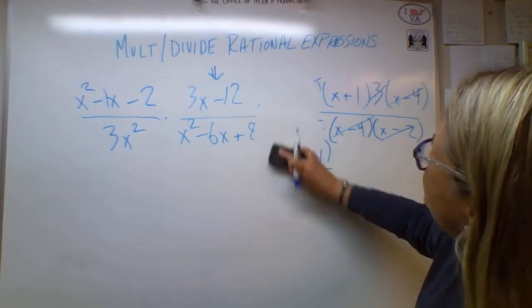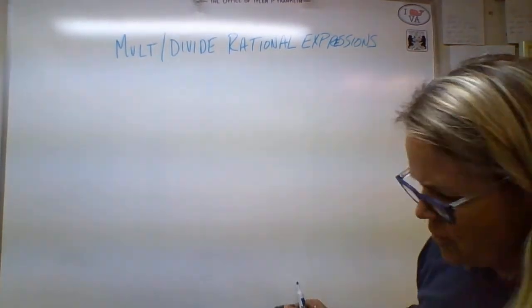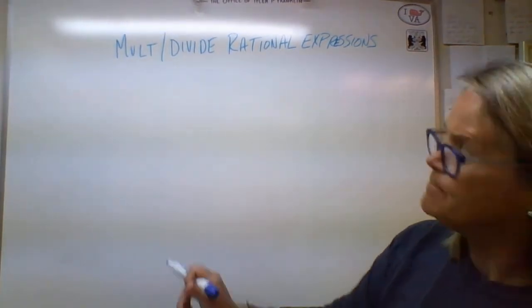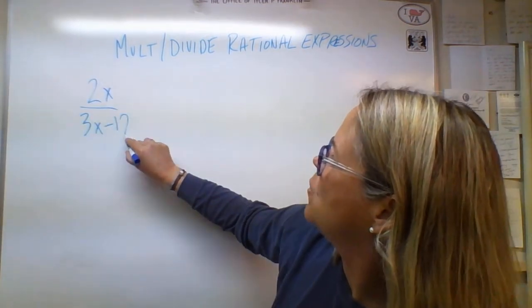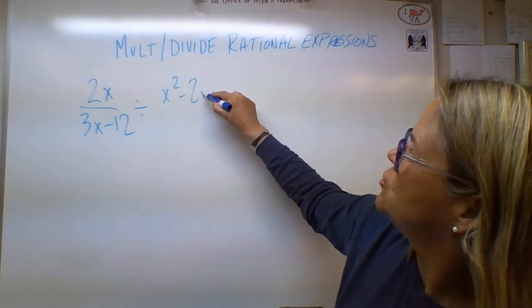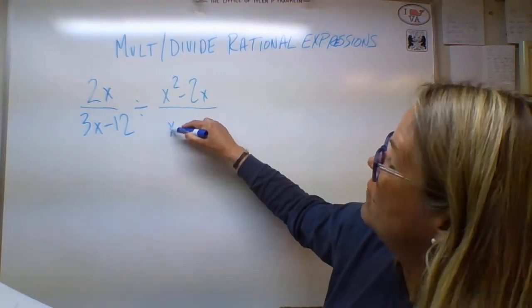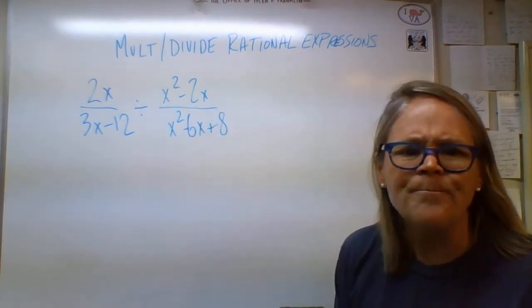So let's do a division. So the only thing that division is different. So I got 2x over 3x minus 12 divided by x squared minus 2x over x squared minus 6x plus 8. Okay?